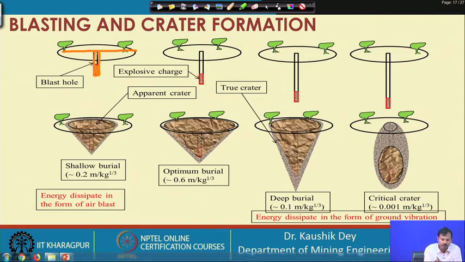This is the fragmented rock. Initially it is largely fragmented, there is a little damage in the periphery, and after that there is zero damage, and this portion of rock will be thrown in the upward direction. This is the common phenomenon that occurs when, on a plain ground, we drill a hole and place some explosive inside the hole.